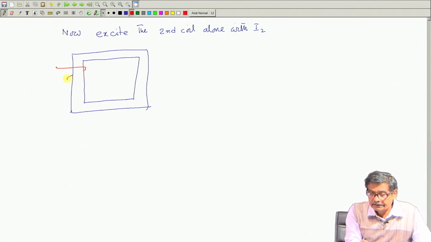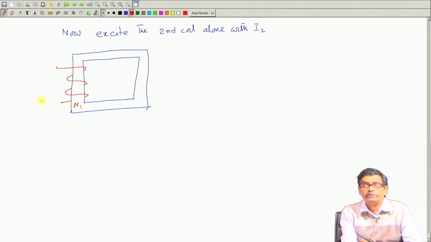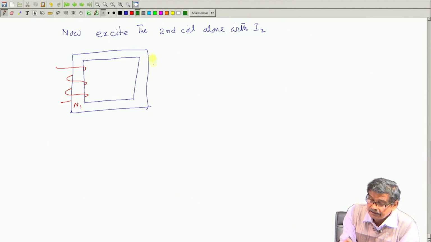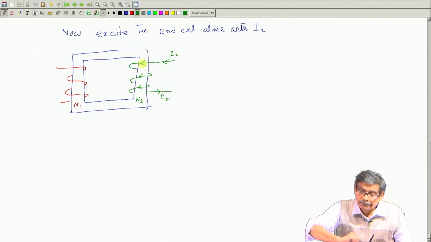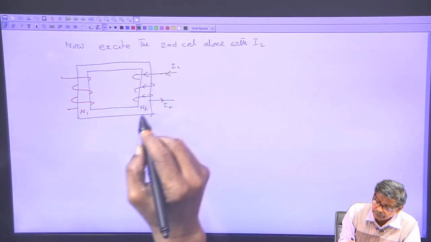One coil was here with N1 turns, but this time I am not going to excite this coil, and the second coil was here with N2 turns, and I am exciting it with some current I2, some source I have connected, and current will be flowing like this, I2. Now, if current flows like this, then flux will be produced once again.